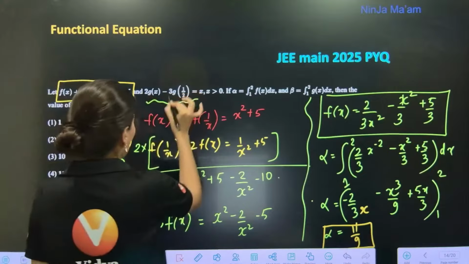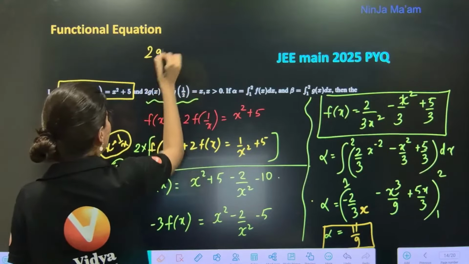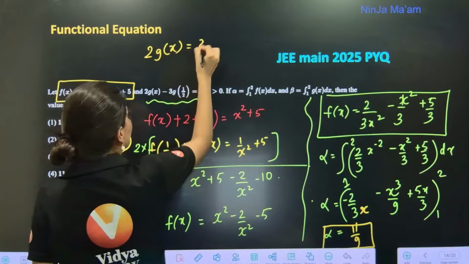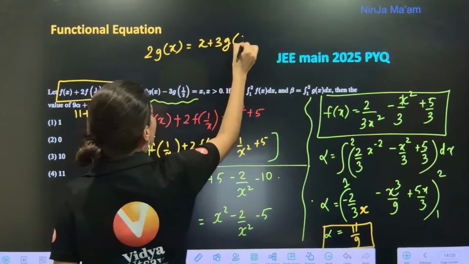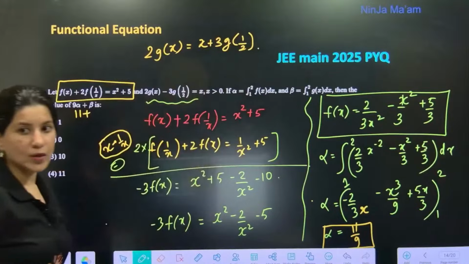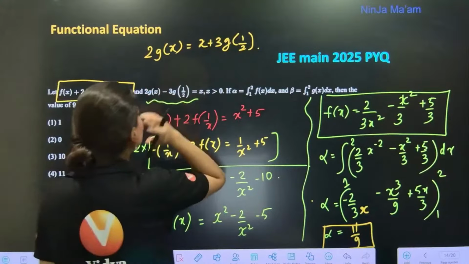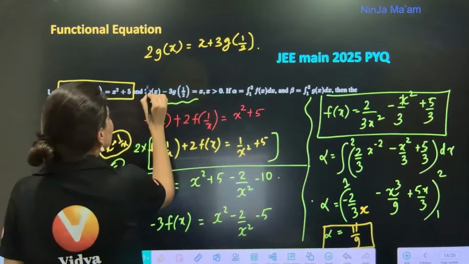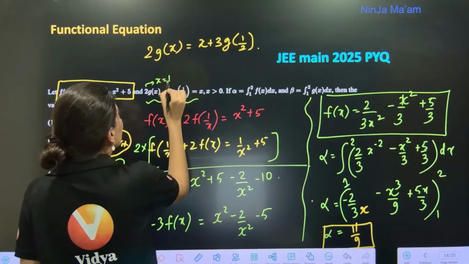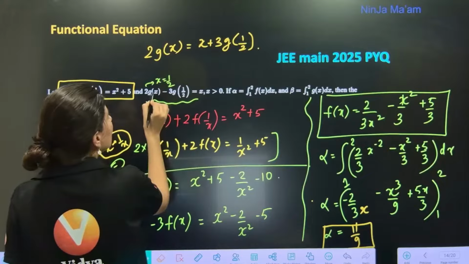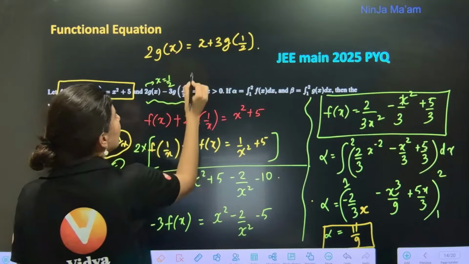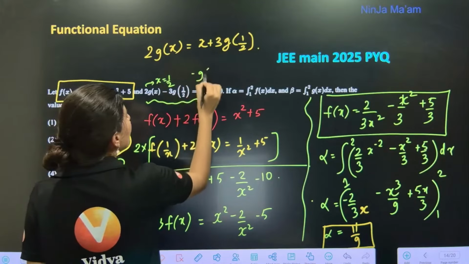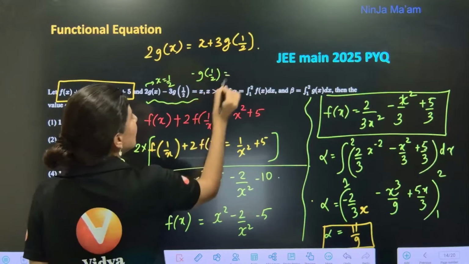For beta, see, 2g of x is equal to x plus 3g of half. Now put x equal to half, so that it will be 2g of half minus 3g of half. So it is going to be minus g of half is equal to half.